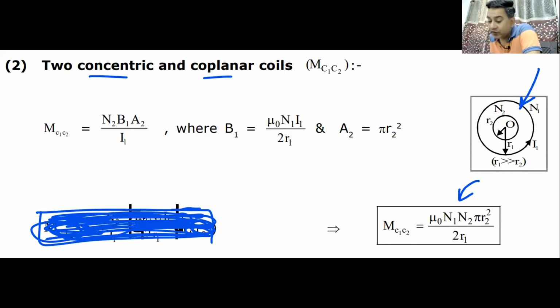The formula is mu naught N1 N2 into pi R2 square, the smaller coil's area, divided by the radius of the bigger coil. Do we understand this? Please remember these things in the formula that I have marked, because you might make a mistake between R1 and R2.